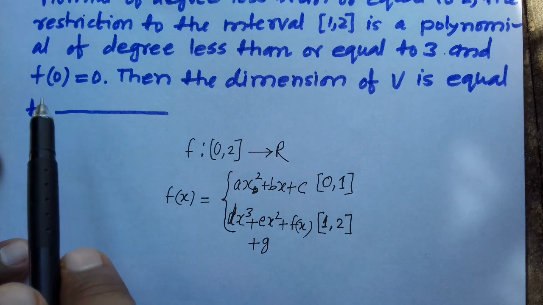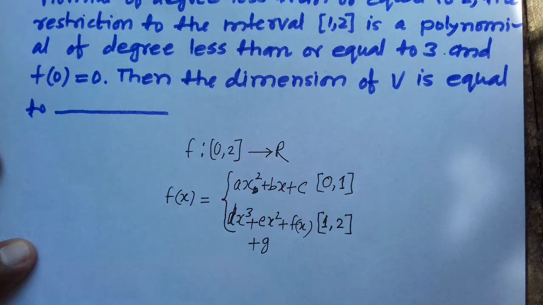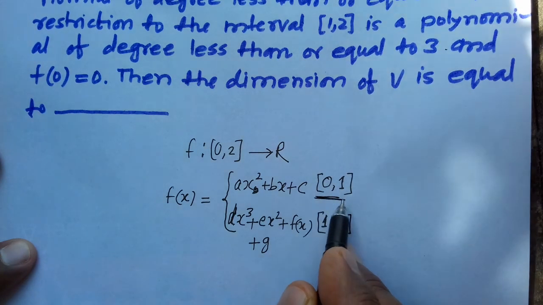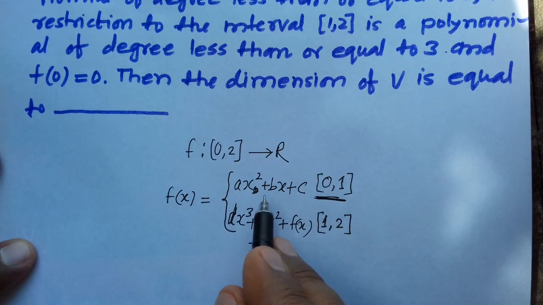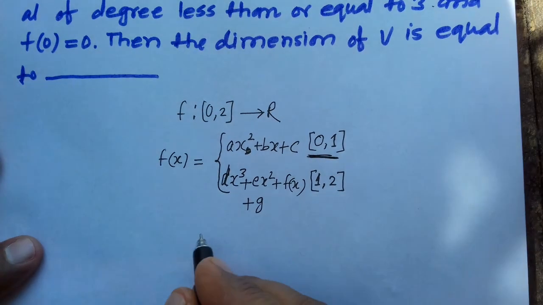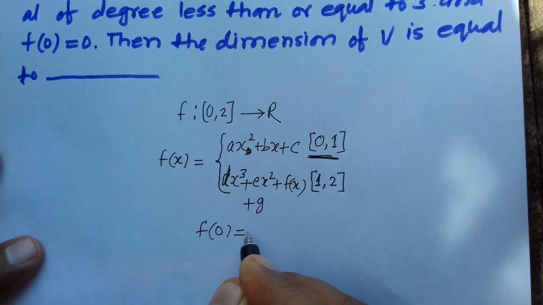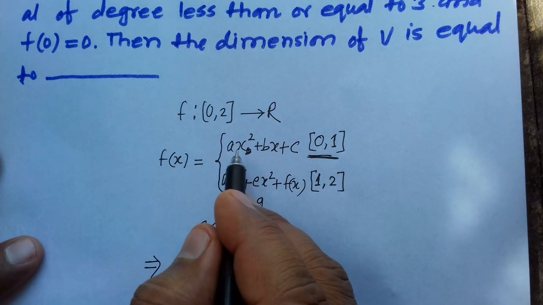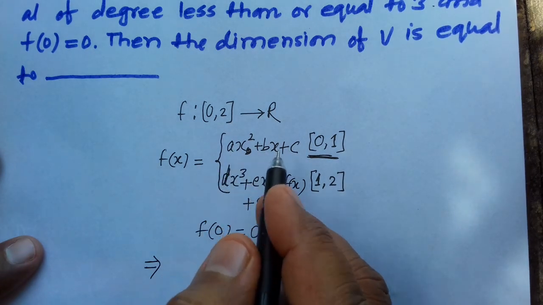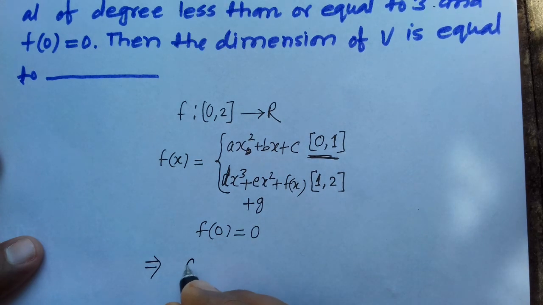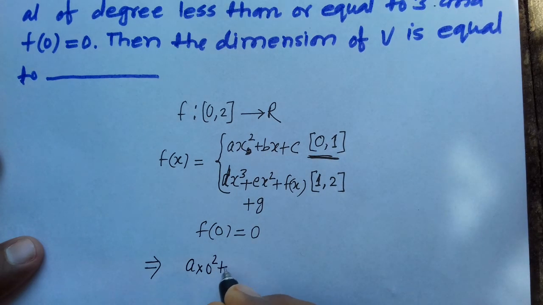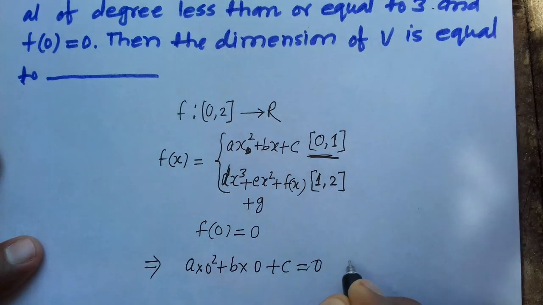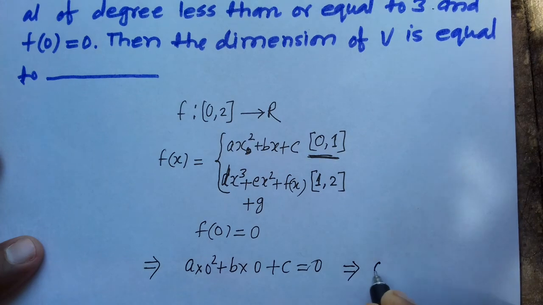You see here f(0) is 0, and x equals to 0 falls in this interval, so we choose this one. f(0) is 0, so putting 0 for x in this quadratic, we have a into 0 square plus b into 0 plus c equals to 0. This ensures that c is 0.